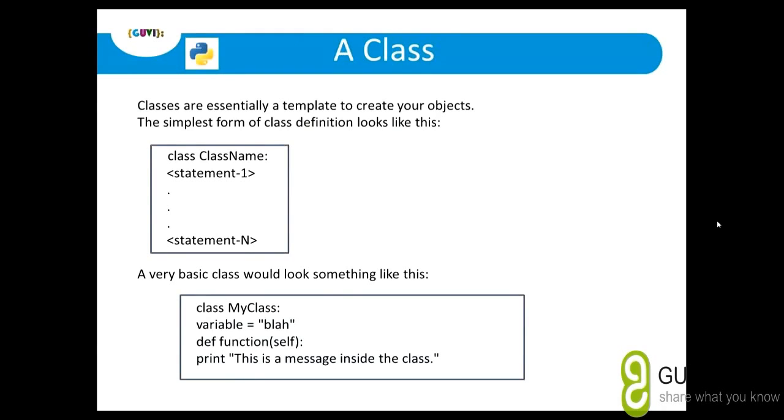A class has two things. The first thing is its class name, with which you will call it. And the object has two things: the attributes and the behaviors. For example, any variable you declare inside a class will hold a value, and that is called an attribute.